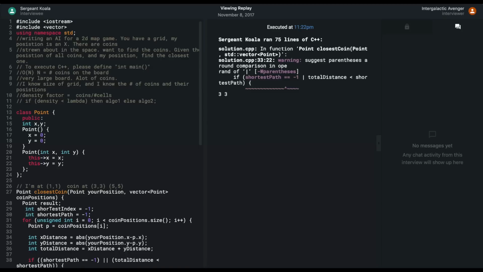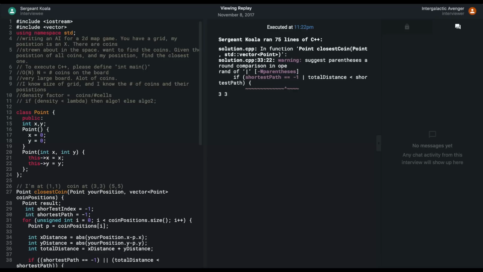So as the grid gets bigger, tell me if this isn't where you're going with this, the depth first search is going to perform poorly regardless of how dense the grid is. Obviously, if every single square is filled with coins, then no matter what the size is, the depth first search is O of 1. But generally, as you have a higher density level, there's still going to be more space.